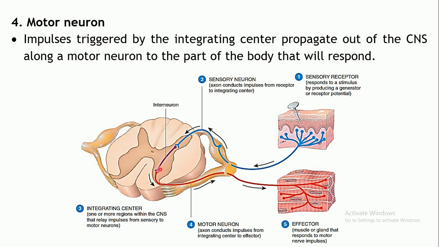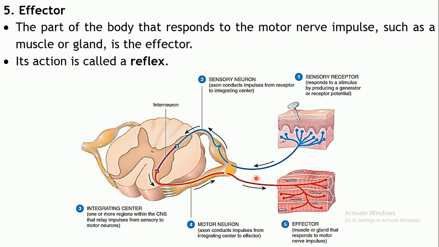So the impulses which are triggered by this integrating center propagate out of the CNS along this motor neuron. And it will move towards the part of the body which needs to respond, maybe a muscle or a gland. So this particular action is a reflex.